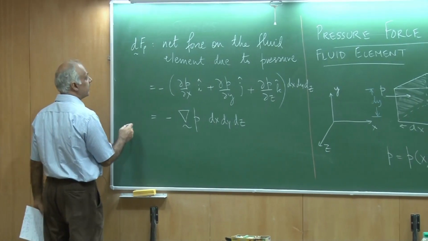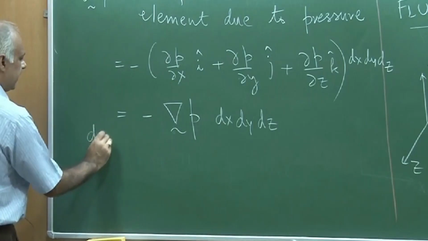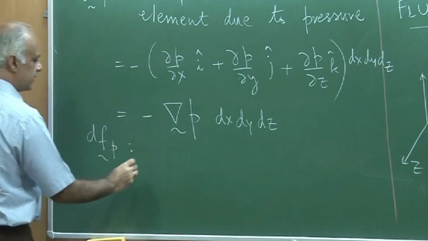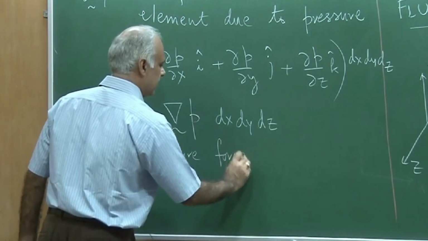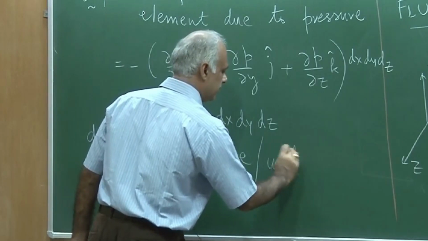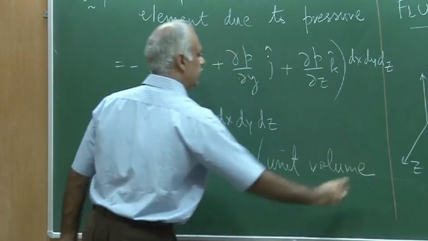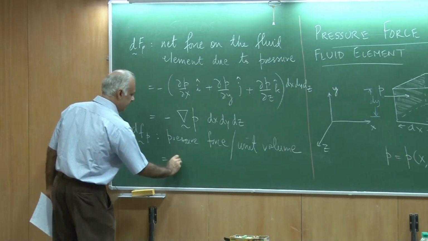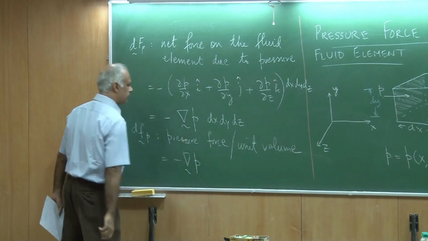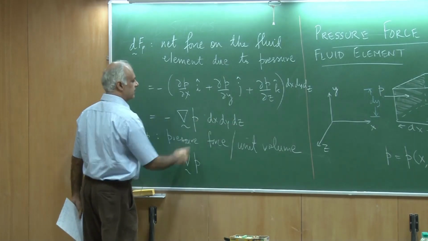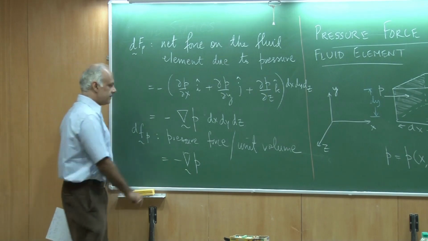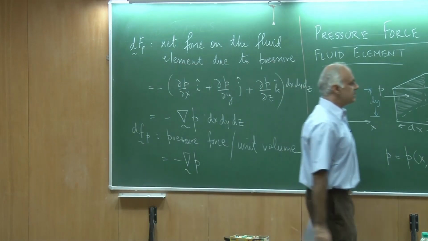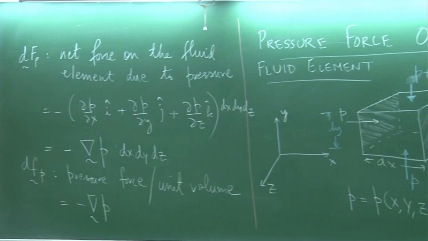If I now write down dFp as the pressure force per unit volume, then that is given as minus gradient of P, and I can get rid of this quantity here, which is essentially the volume of the element.